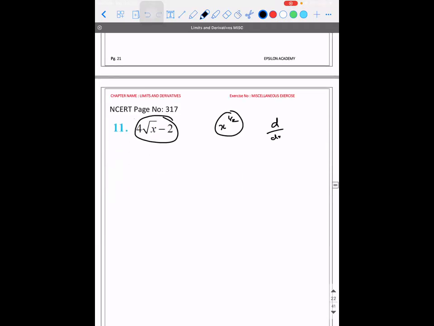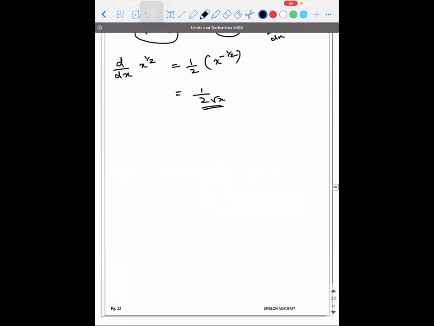So you can remember it. Derivative of root x is 1 by 2 root x, because d by dx of x power half is half into x power minus half, so that will be 1 by 2 root x.